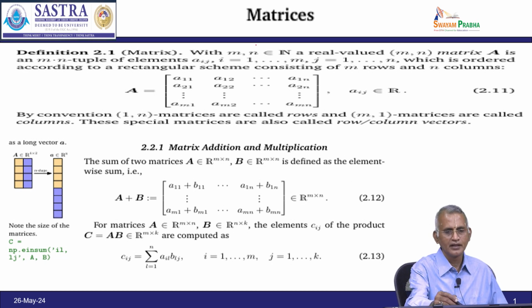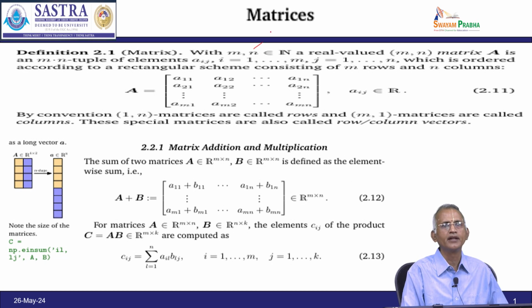With m, n belonging to capital N, a real-valued m by n matrix, with m rows and n columns, A is an mn-tuple of elements Aij, where i equals 1 to m and j equals 1 to n, which is ordered according to a rectangular scheme consisting of m rows and n columns.